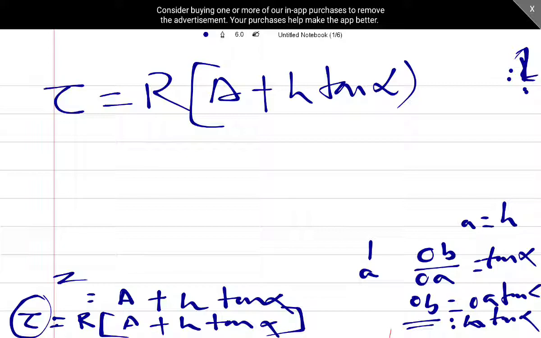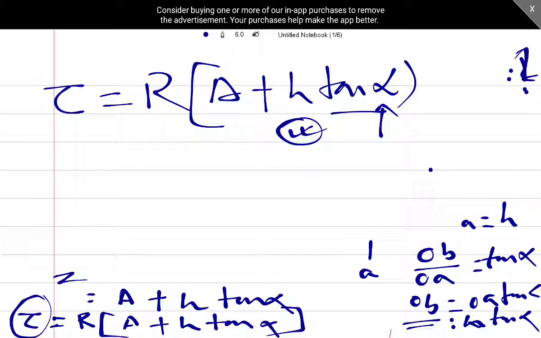Small h, that is the height, and tan alpha, this inclination angle is also constant, but this height is not constant. As it is not constant, then this h tan alpha value will change as the level will increase.